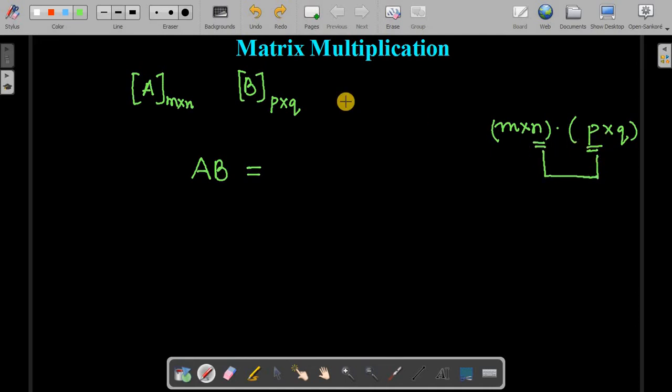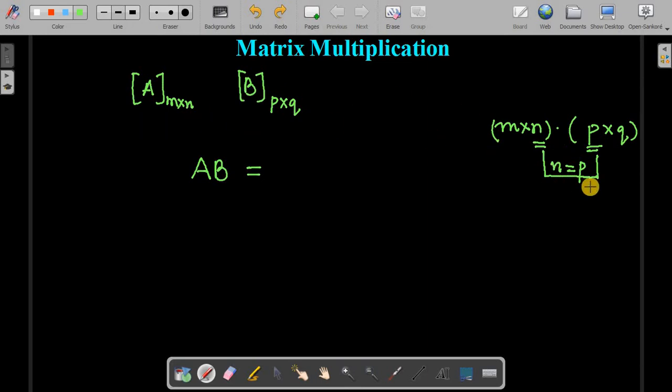This should be equal. The first matrix here is matrix A and the second matrix is B. So here n should be equal to p. If this condition is true, then and only then the multiplication of the matrices A and B is possible. Otherwise, these two matrices cannot be multiplied.